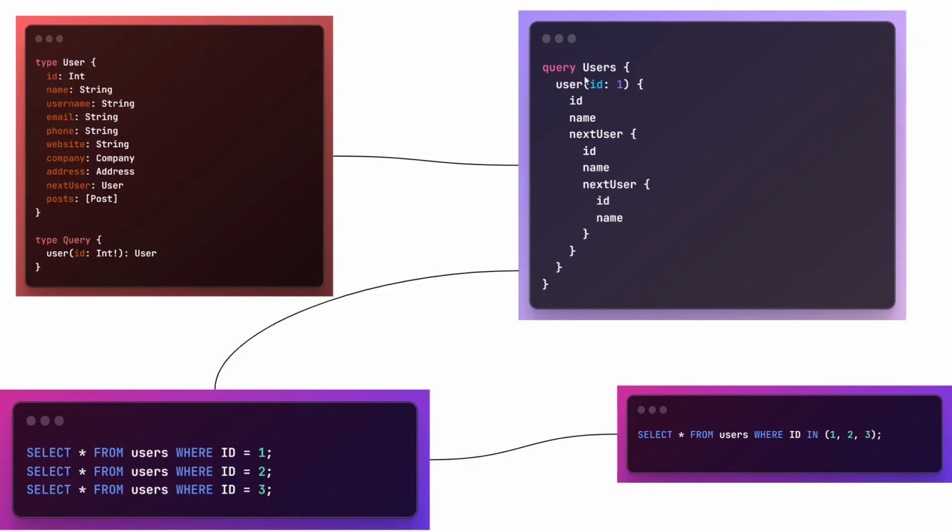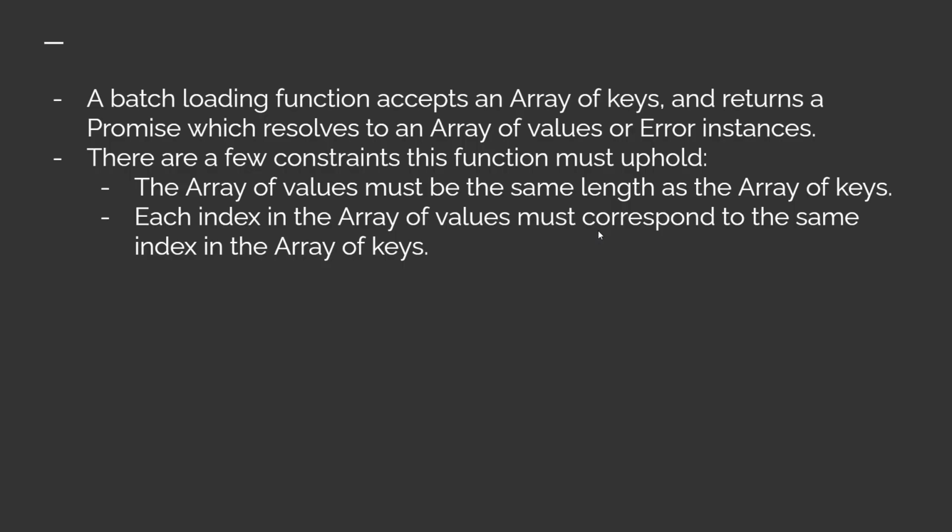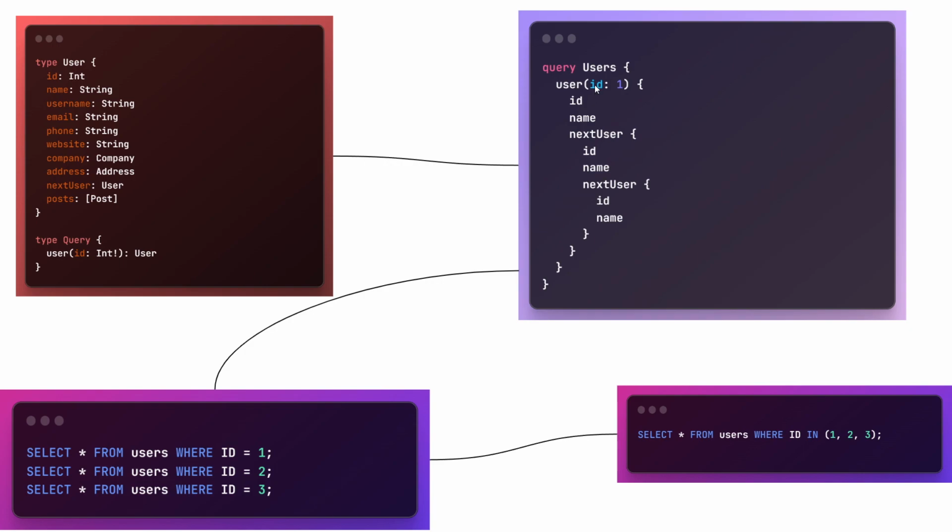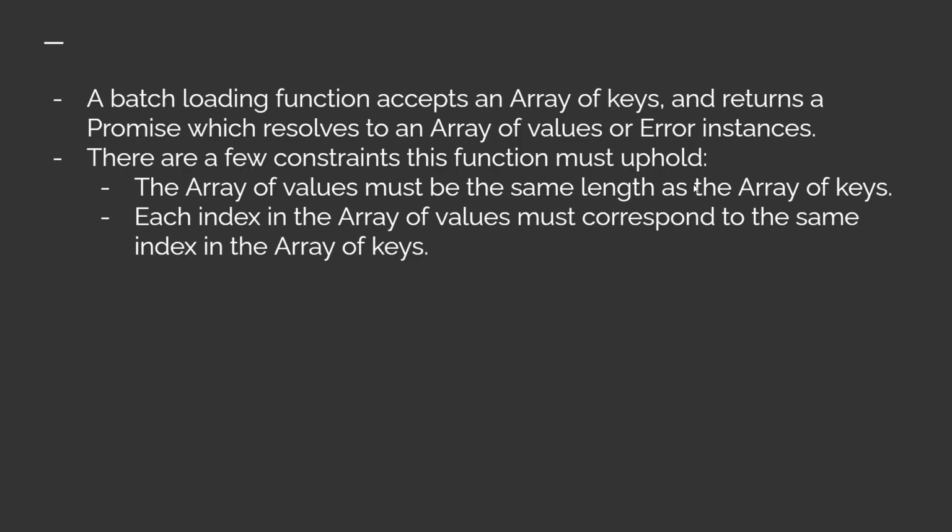So in this example, if the array of keys was 1, 2, 3, when you return the array of values, the first element should be the user for the ID of 1. The second element should be the user for the one which was invoked after this, and you keep going. This is how you know the order: by looping over the keys and then mapping them to the values. That's the idea here.